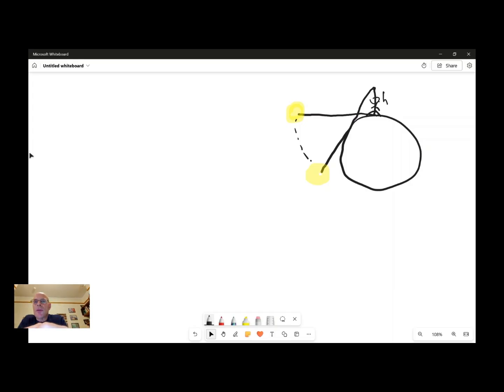So let's do first some geometry. This is Earth. This is the radius of Earth. And let's call this angle alpha. So what we see is that r over r plus h is cosine alpha.